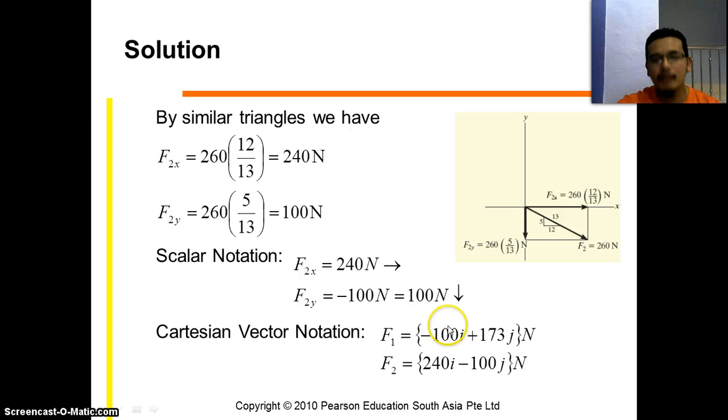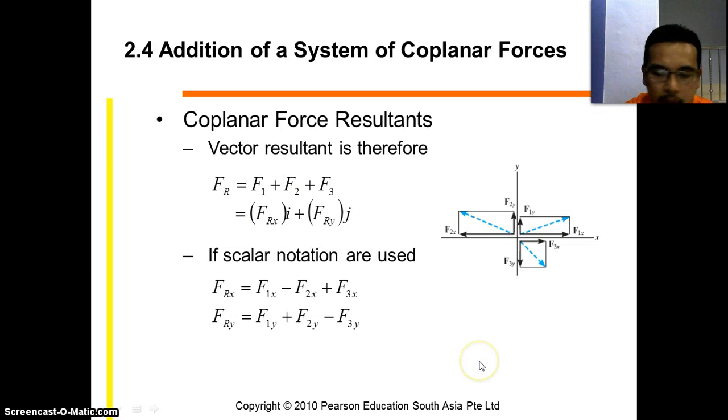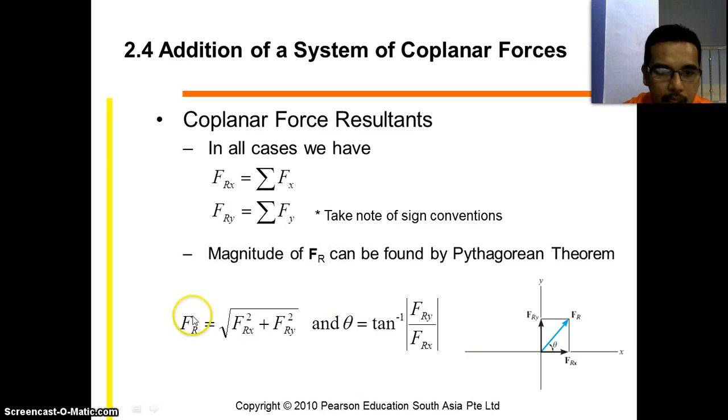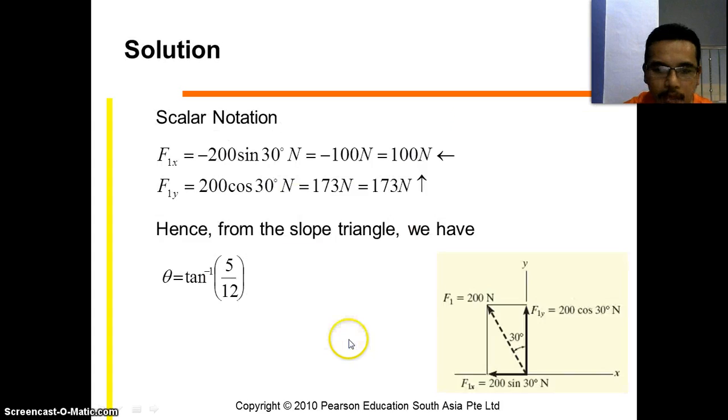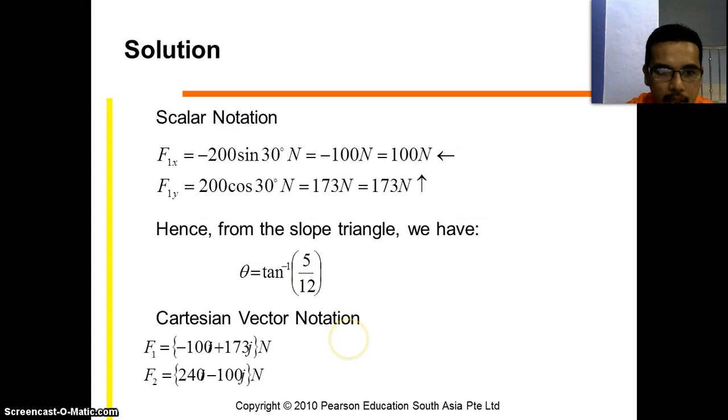Now we can determine the resultant force of F1 and F2 by totaling up the Fx components, negative 100 plus 240, and then the y components, 173 plus negative 100. Then using the formula, we can get the magnitude of the resultant force and also its direction angle.